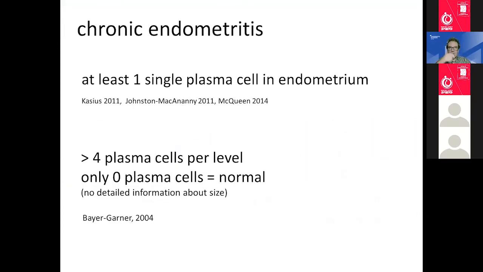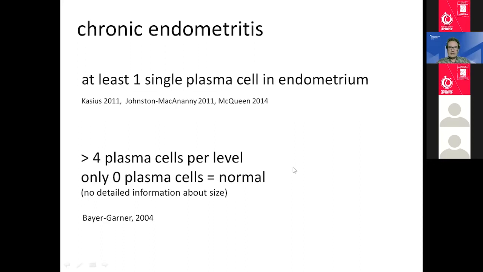So the definition of chronic endometritis has been very different. You see here in some papers, the presence of at least one single plasma cell has been defined as chronic endometritis. Other groups have said more than 4 plasma cells per level, but not clearly defined, but only 0 plasma cells are normal.